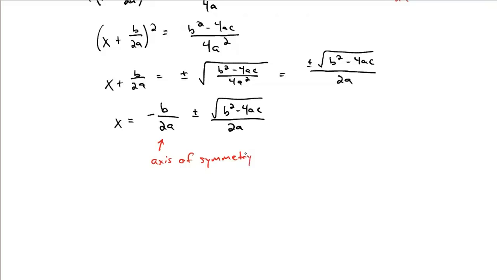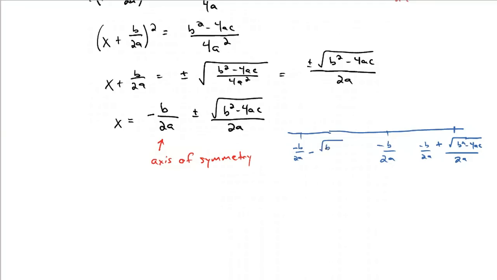Because I'm adding and subtracting the same quantity, to draw a graph, it would look something like this. I mark negative b over 2a. On one side I'm going to add the square root of b squared minus 4ac over 2a, and on the other I'm going to subtract it: negative b over 2a plus, and negative b over 2a minus, the square root of b squared minus 4ac over 2a.